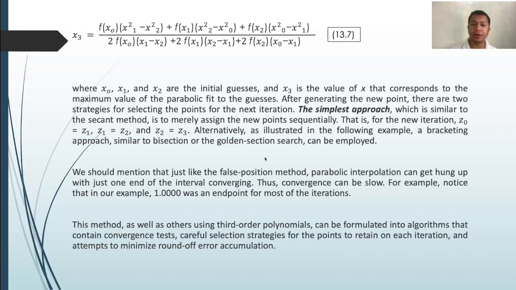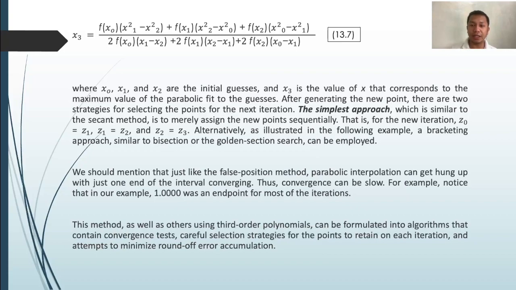For this equation, x0, x1, and x2 are the initial guesses. So x3 is the value of x that corresponds to the maximum value of the parabolic fit to the guesses.